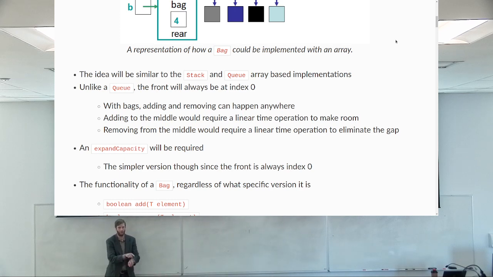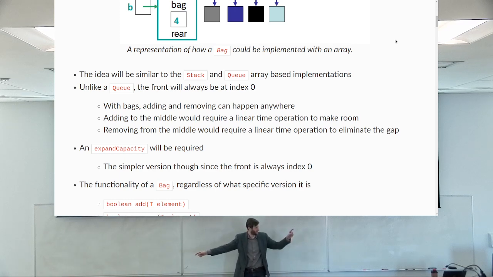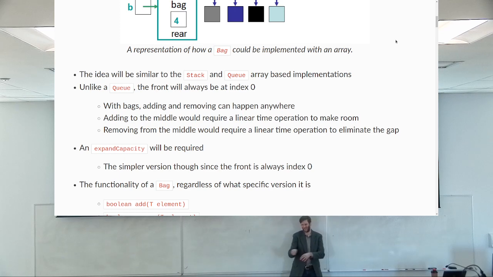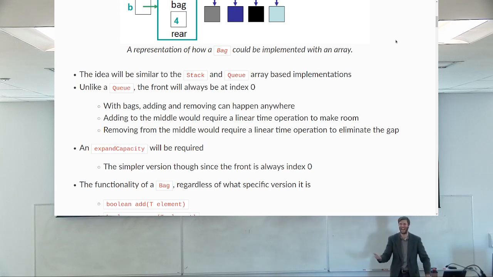Everything's got to be moved down. For every time it's second from the front, there's a time it's second from the last. On average, we're going to be removing something somewhere in the middle. Either way, it's linear time. There's no way we can hack this to come up with a better solution, easily at least.